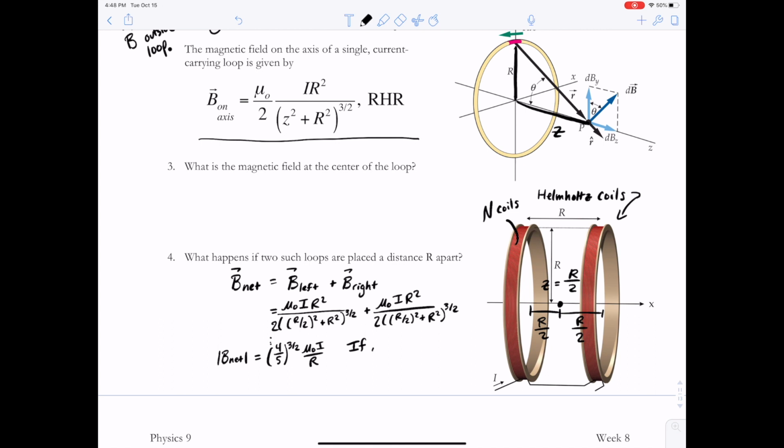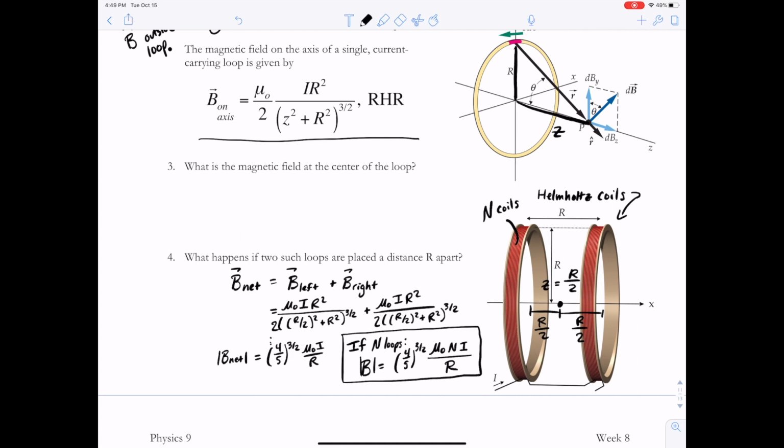So if there are n loops, then the magnetic field directly in the center of our Helmholtz coil is given by (4/5) to the 3/2 times mu naught n I all over R. I'll put a box around this so that we remember when we look at Lab 4 and we're doing the pre-lab, we'll need this equation.